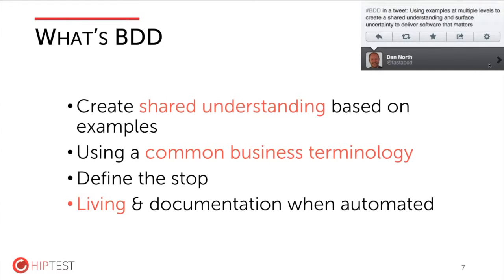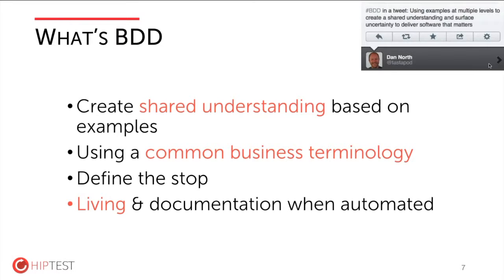And then once we have these scenarios, these examples defined in Hiptest, the developer can start the development of the feature. He already has the definition of stop, so when all the acceptance criteria, when all the examples will be met.